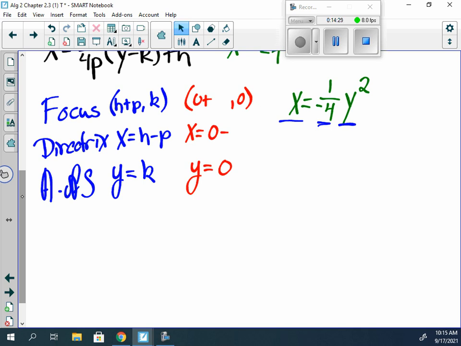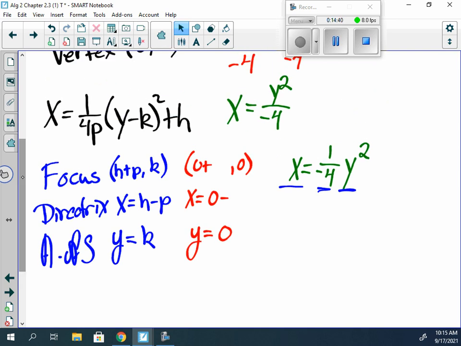In the general equation, where does p show up? In the 1 over 4p, yes? And in both equations, it's the term being multiplied by y squared, or the y minus k squared, here, yes? The y squared or that squared term in parentheses. That's where p is located.